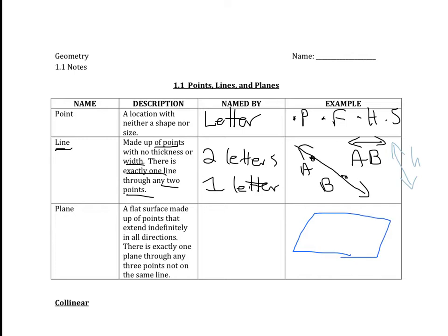It's a two-dimensional flat surface that goes off in every direction forever, and it's named by one of 2 ways. Either 3 points not on the same line, okay, so it can't be on the same line, or it's usually named by 1 letter in the corner.